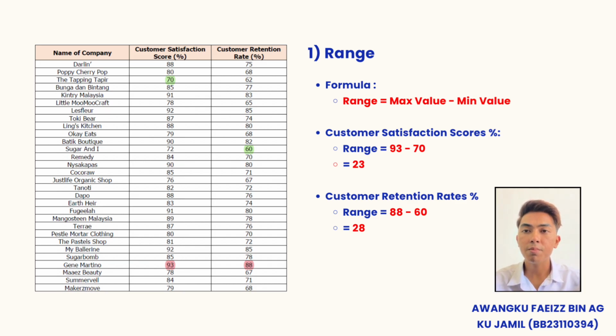For the customer satisfaction score, the maximum value is 93 minus the minimum value, which is 70, equals 23. And for the customer retention rate, the maximum value is 88 minus the minimum value, which is 60, equals 28.